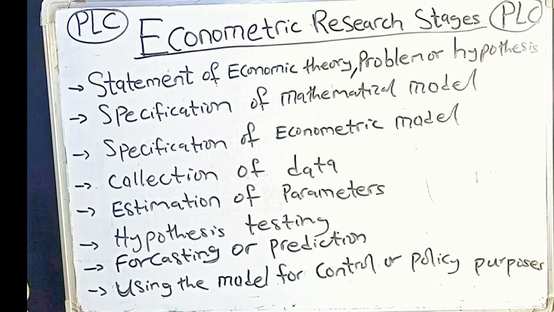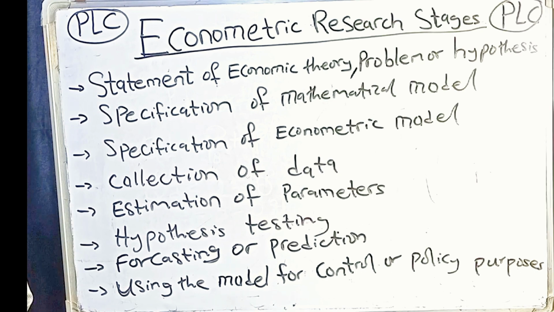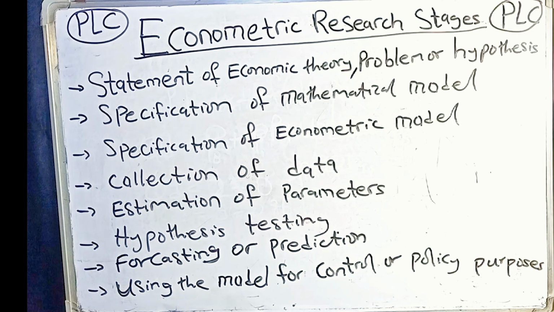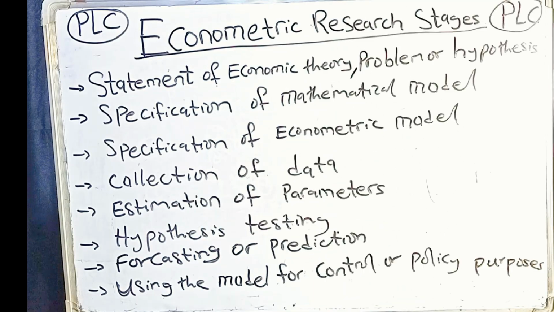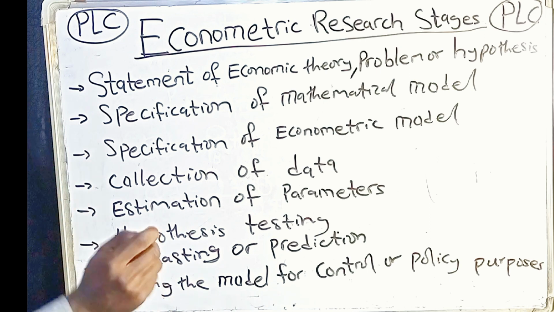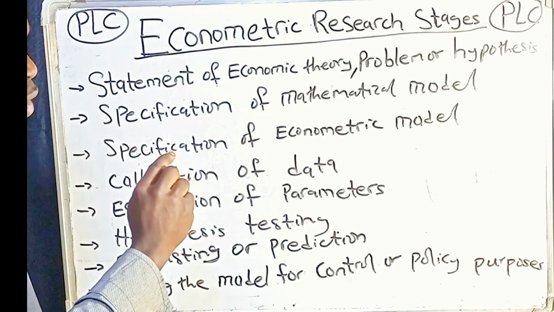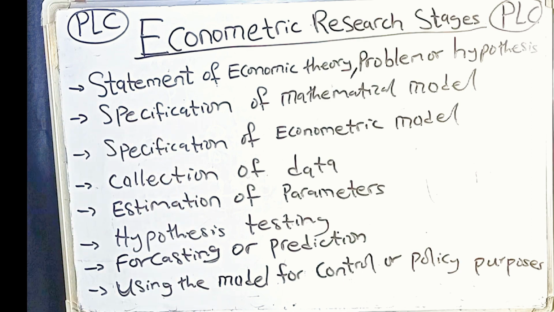And this is majorly because economics studies human behavior that you cannot measure exactly. It's an uncontrolled experiment. So for us to analyze an uncontrolled situation, we have to bring in these error terms, and the inclusion of this error term in your mathematical model makes the model an econometric model.